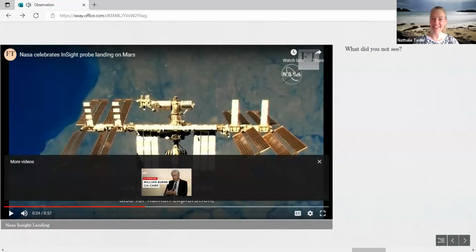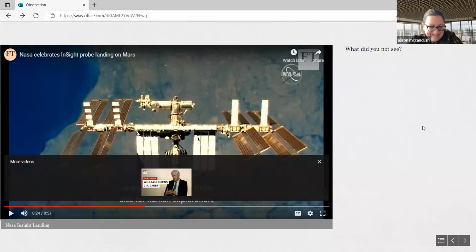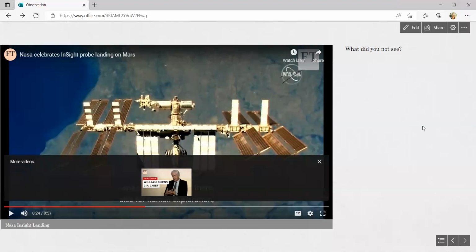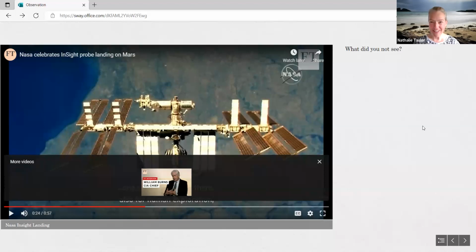So we did see clapping. There was a bit of jumping about. What else did you notice? Dancing. What else did you notice? Well, you can clearly see they're very happy. How can you clearly see that?